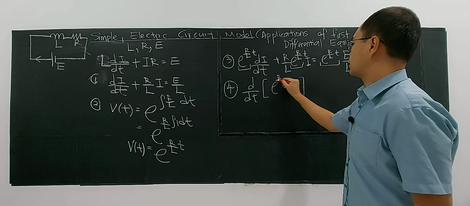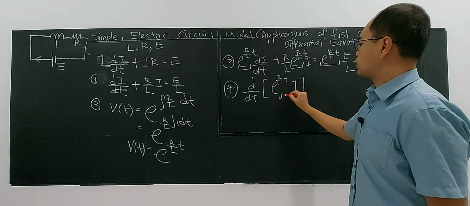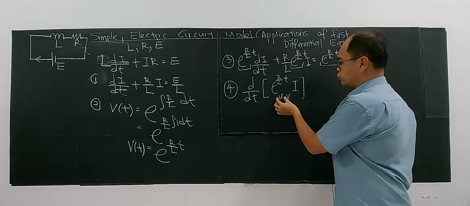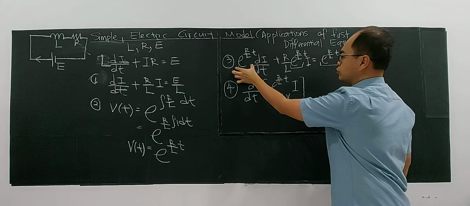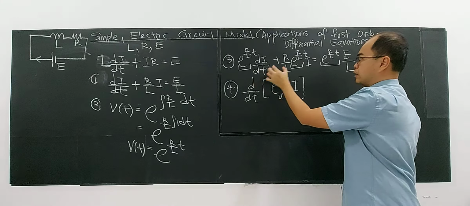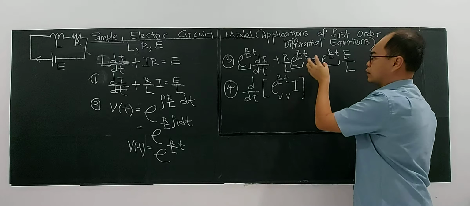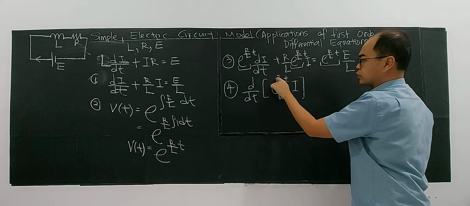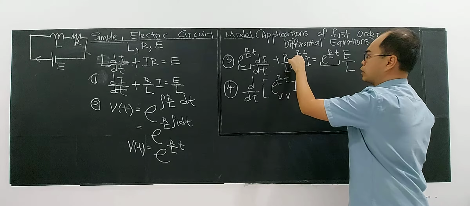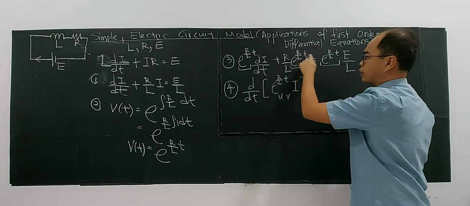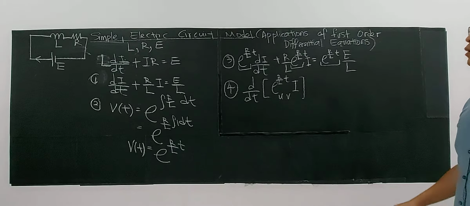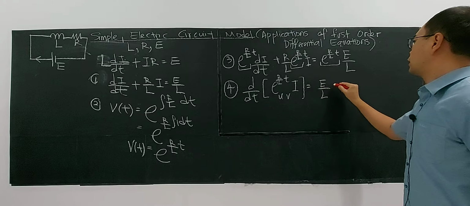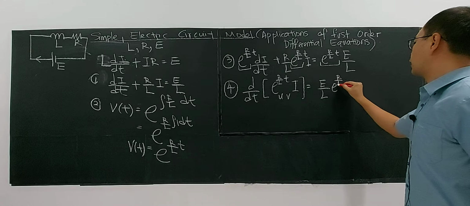If you use the product rule, the differentiation rule, u di/dt plus i times v differentiated. The exponent's coefficient is a constant, so you just differentiate this and you get R/L e^(R/L t). And you have E/L e^(R/L t).